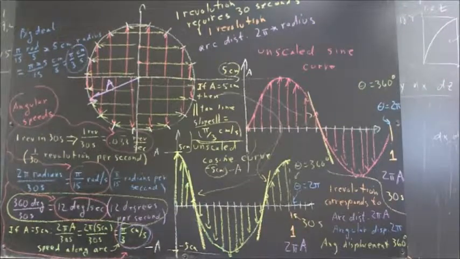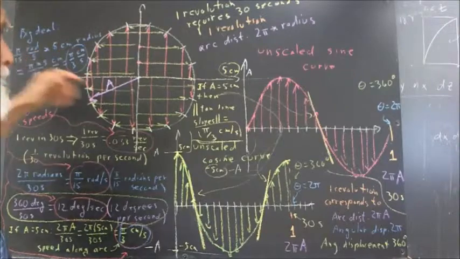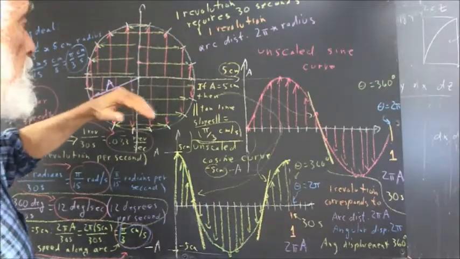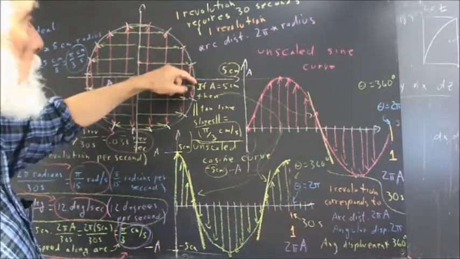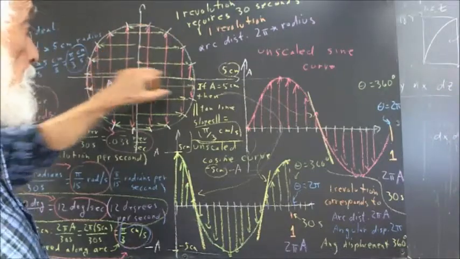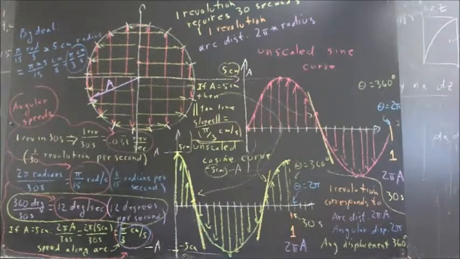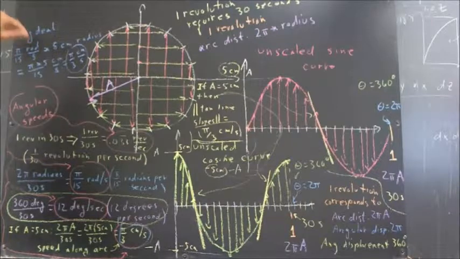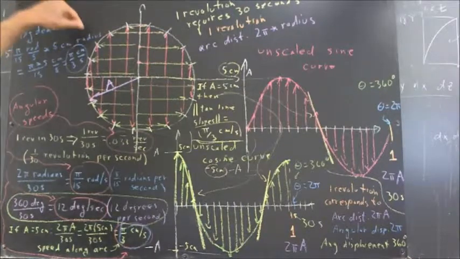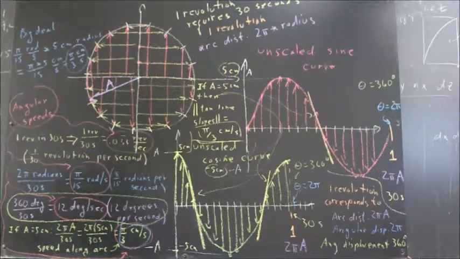The idea is simple enough. A radian of angle is the angle for which the distance along the arc is equal to the radius of the circle. So when we multiply a radian of angle by the radius of the circle, we get just the unit of the radius.